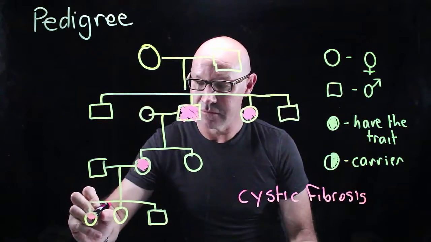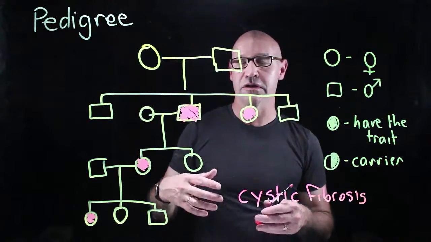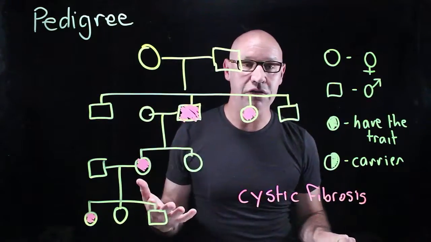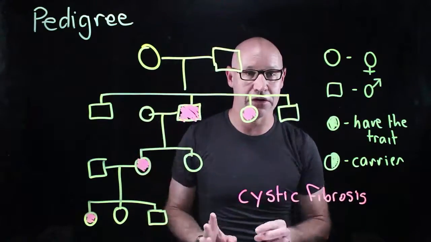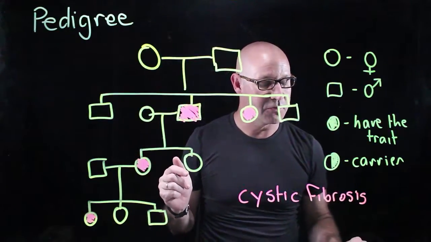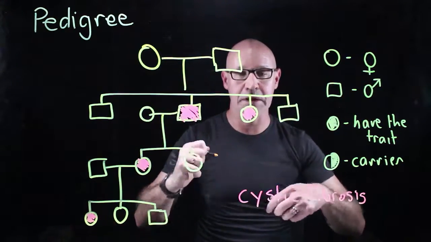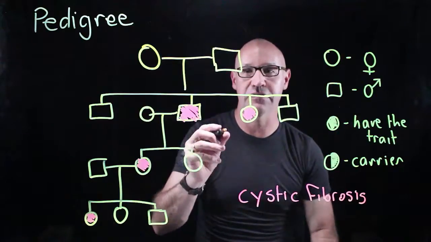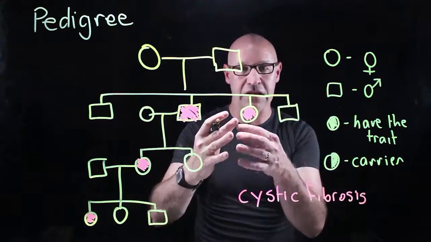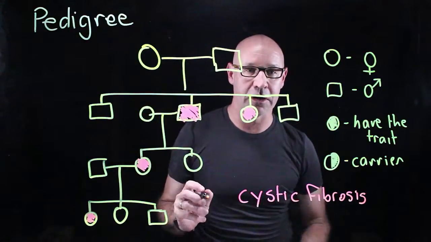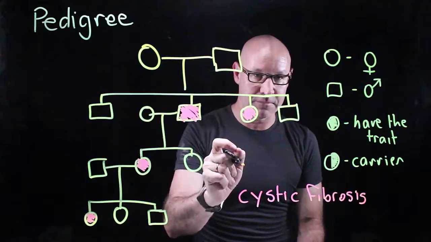And from this, we're able to go back and work out what the genotype is going to be for everybody here in the pedigree. And remember, of course, that the phenotype here is cystic fibrosis. So the people who actually suffer from cystic fibrosis, that's the phenotype. All right, it's easiest for us to start by saying who has actually got the disorder.